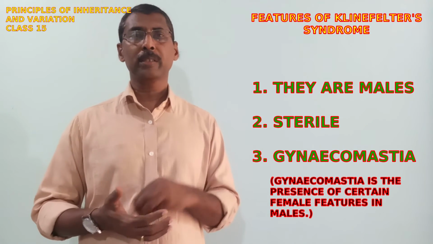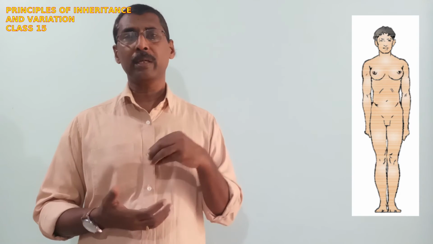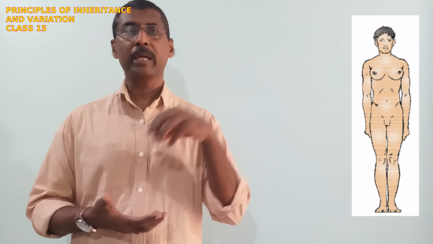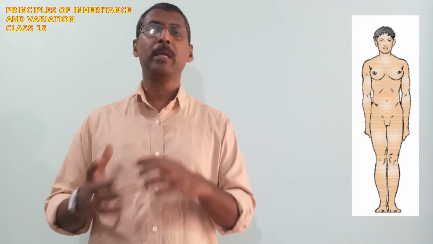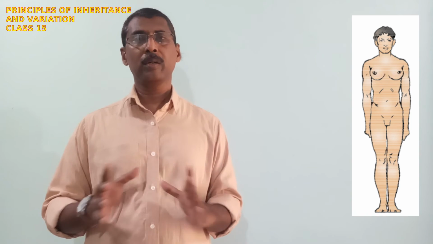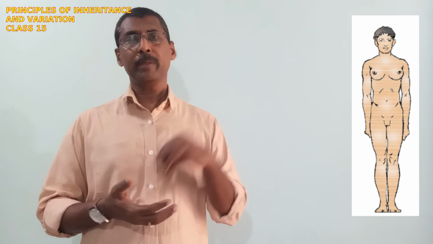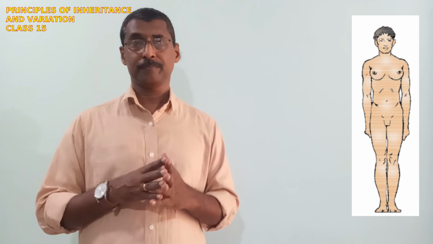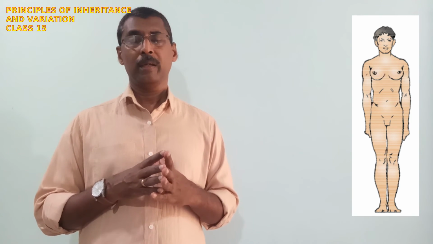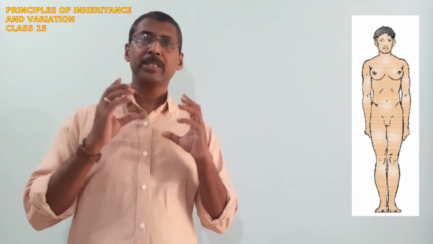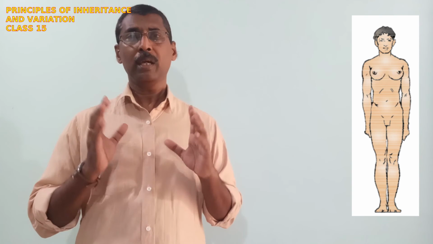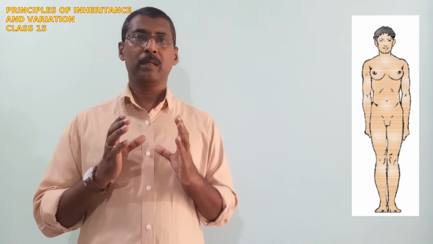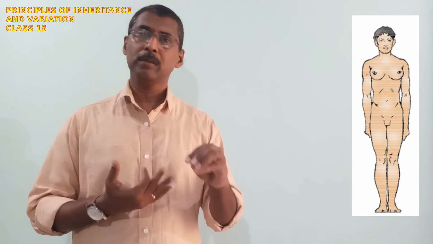Gynecomastia means appearance of certain feminine characters or female characters in male. So female characters like enlarged breast and a lack of facial hairs. These are the two major features coming under gynecomastia.